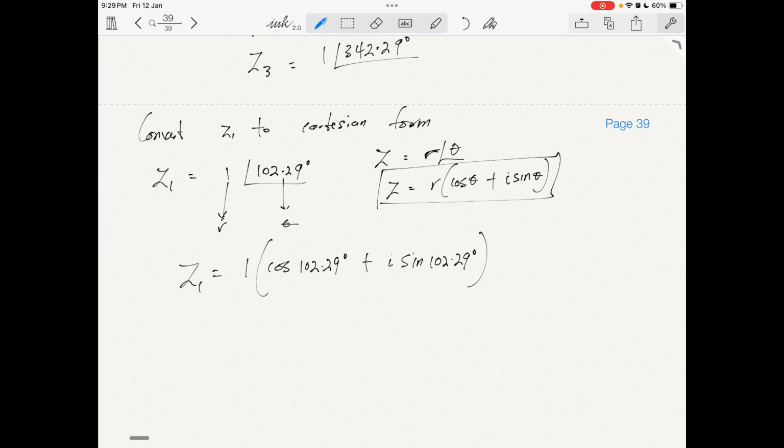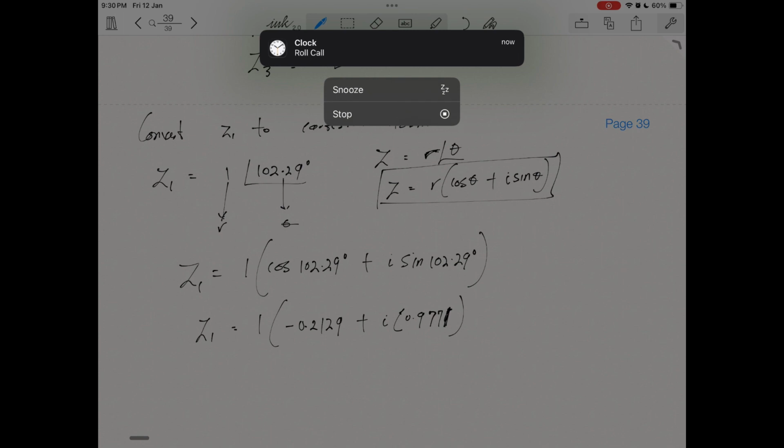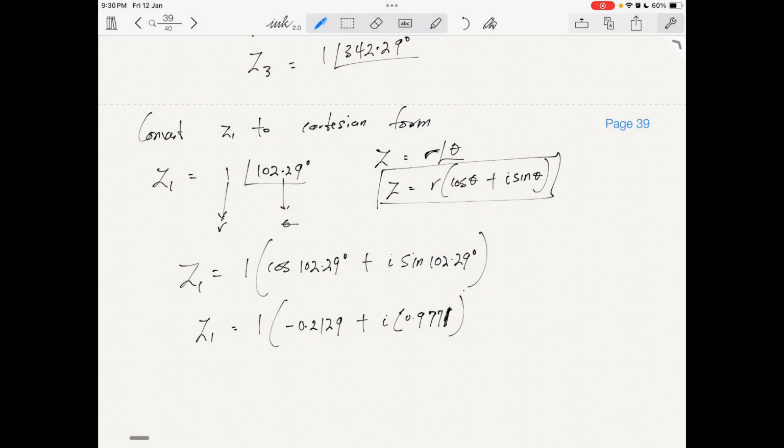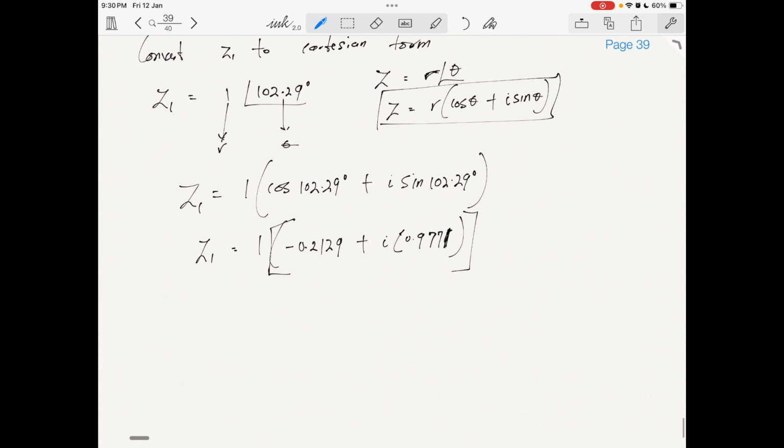So with that done, our cos 102.29 degrees is minus 0.2129, and our sine of 102.29 degrees is 0.9771. Now conclusively we can open up the brackets.